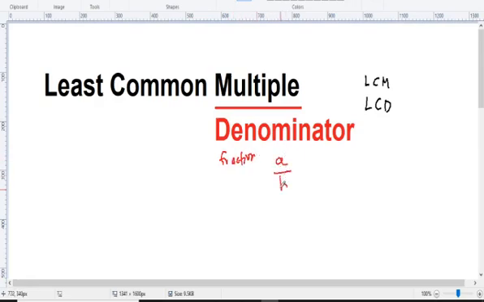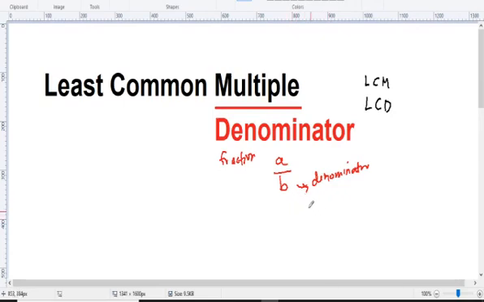Basically, the least common denominator is the least common multiple of the denominators of a set of fractions. For example, usually you have to find the least common denominator when you're adding or subtracting fractions. So basically we use the same technique or same concept as LCM.